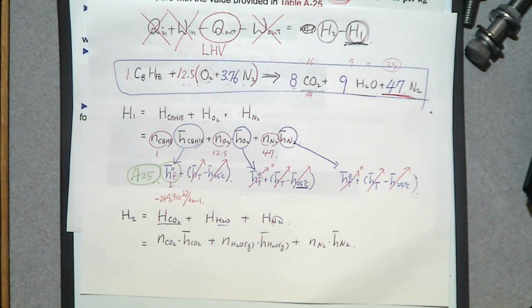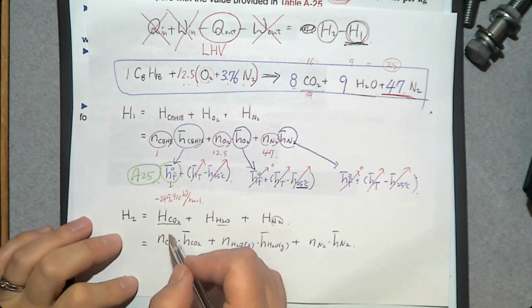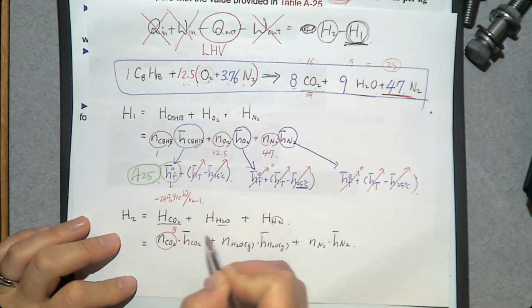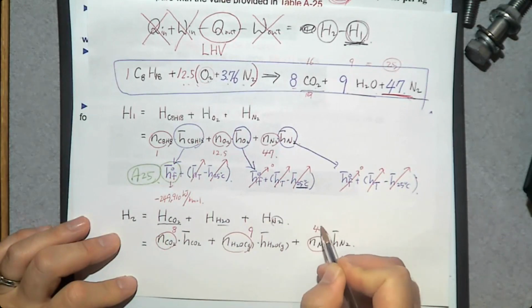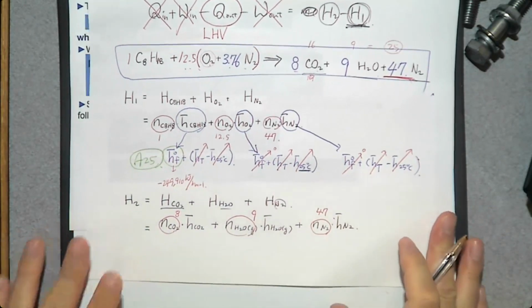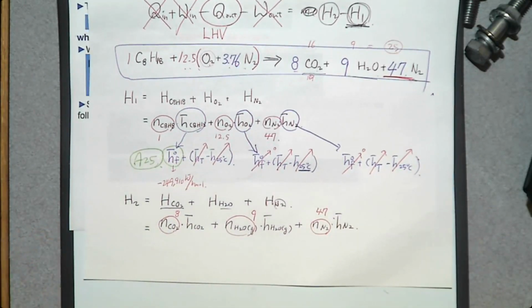Then how many moles of carbon dioxide, water, and nitrogen? Carbon dioxide 8, water 9, nitrogen 47. So this one is 8, this one is 9, this one is 47. Now, how can we determine H bar?